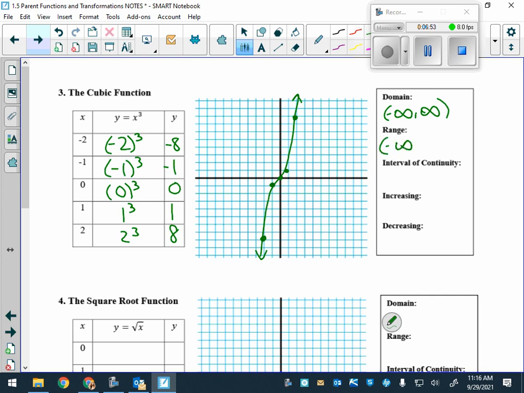Good. What is my intervals of continuity? Brian. Good. Where is this graph increasing? Charlotte. Excellent. Way to change it.